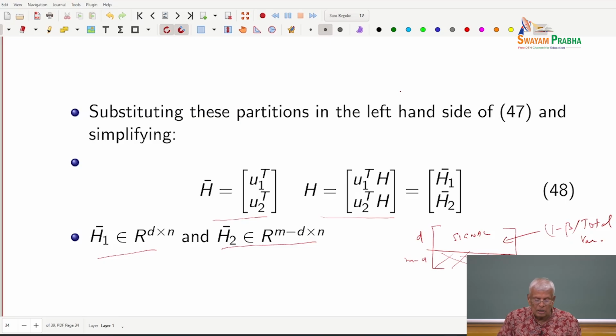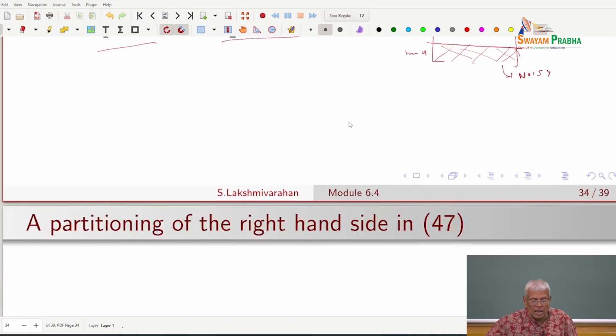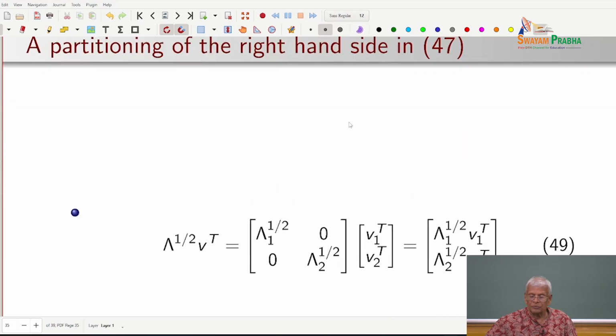Therefore, this ability to partition H bar like this as H1 bar and H2 bar. H1 bar contains the signal component and its dimension, the length of the vector in this submatrix is D. D is much less than M, and that's the reason we call it dimension reduction.